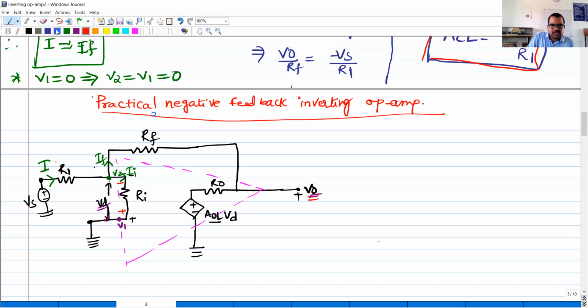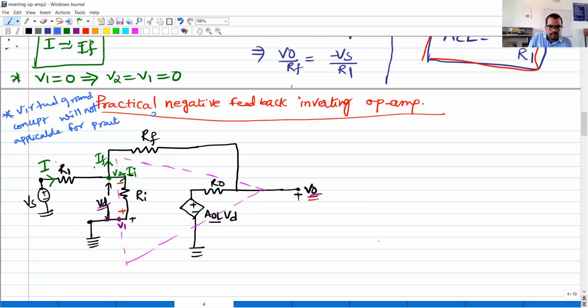The first concept we have to remember is that the virtual ground concept will not be applicable for a practical op-amp. Remember this point. Okay.